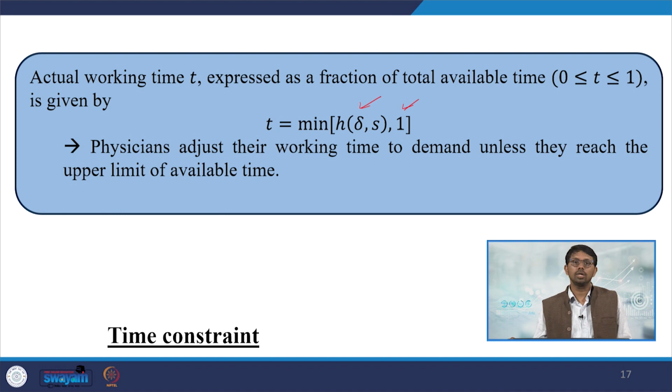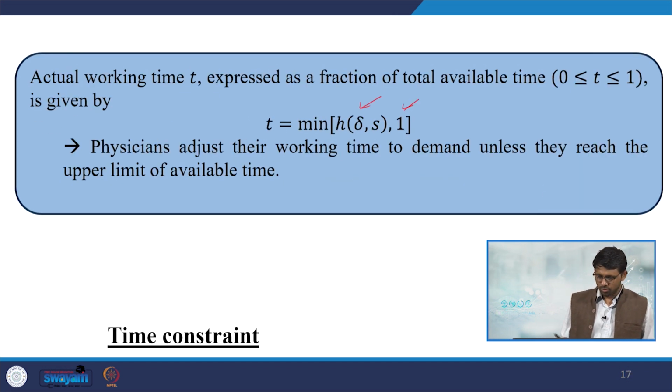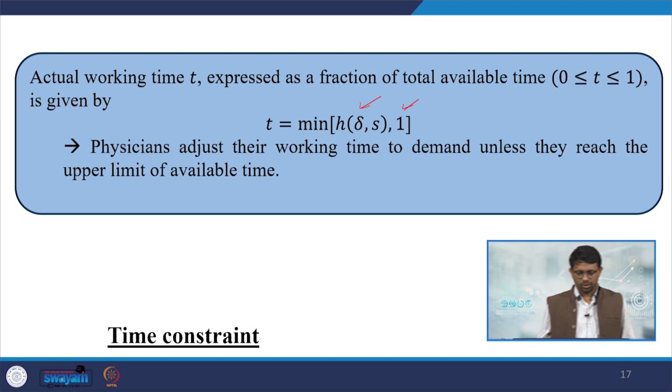Physicians adjust their working time to demand unless they reach the upper limit of their available time. So, the time constraint explanation we have discussed. You can just cross-check why the minimum is required, because minimum hour allocation is required from the doctors or the physicians, which really influences the H function, or the healthcare induced services.